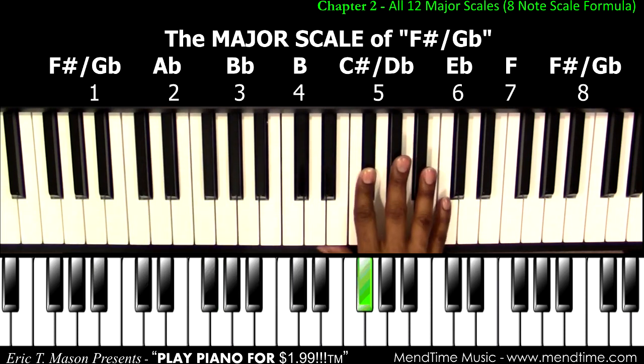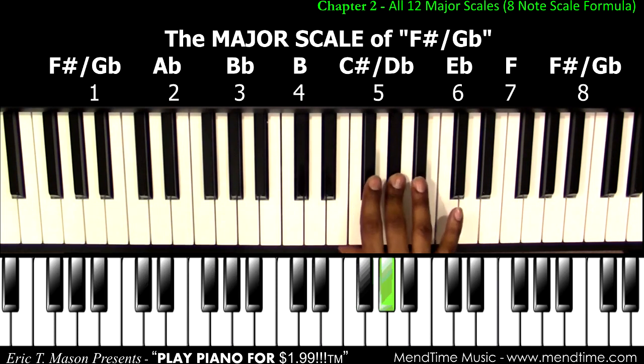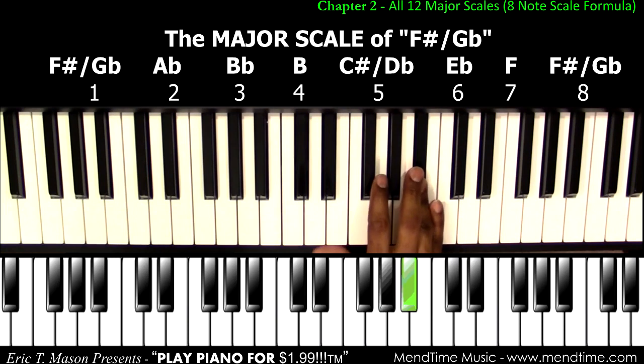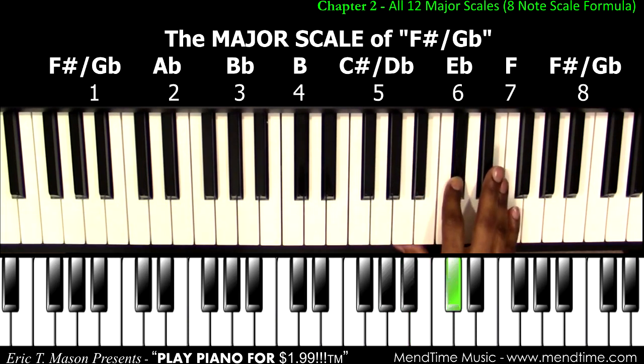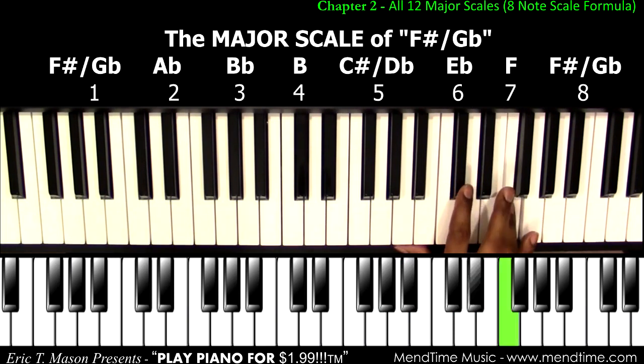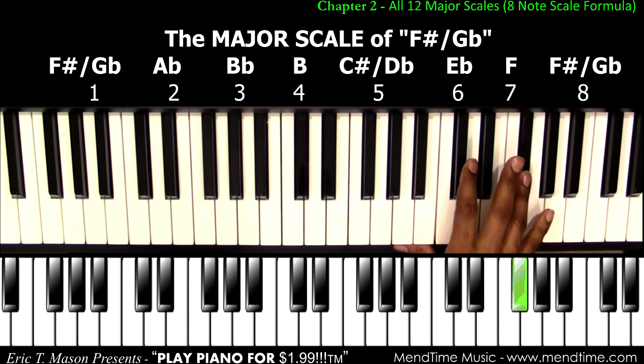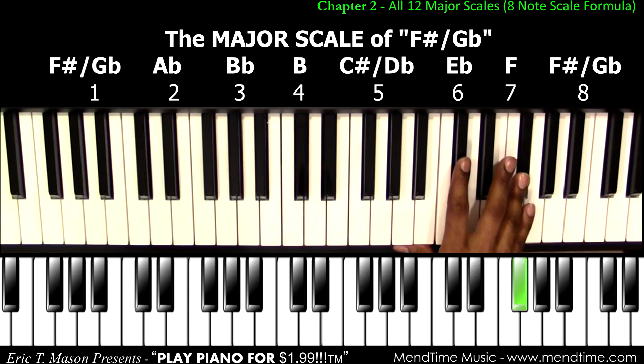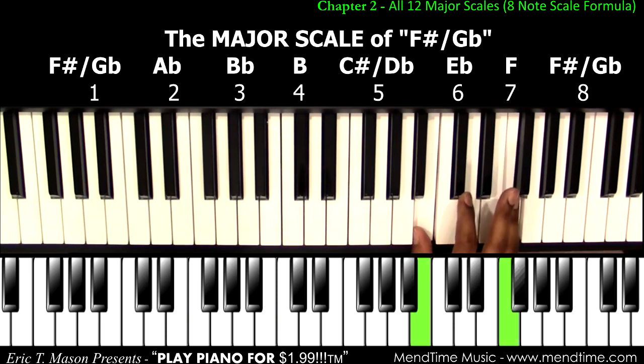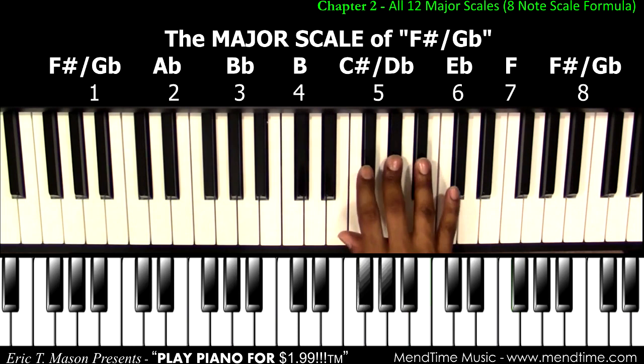F sharp, G flat, G sharp, A flat, A sharp, B flat, B, C sharp, D flat, D sharp, E flat, F, and then back to F sharp, G flat. So again, two white notes in this scale.